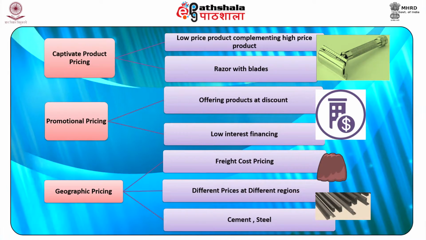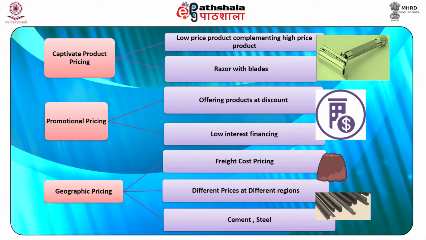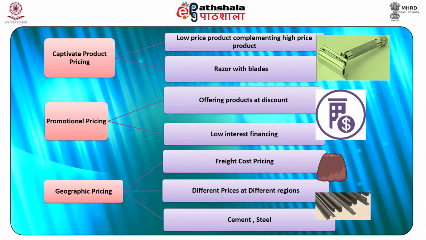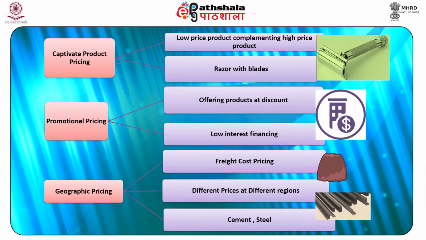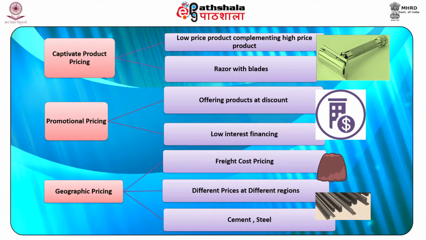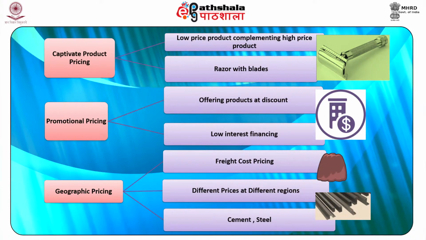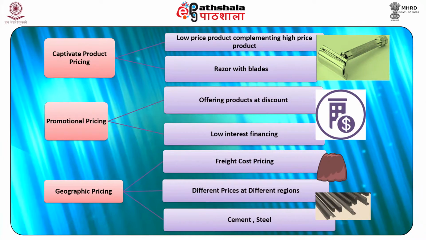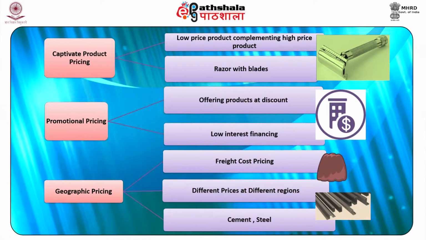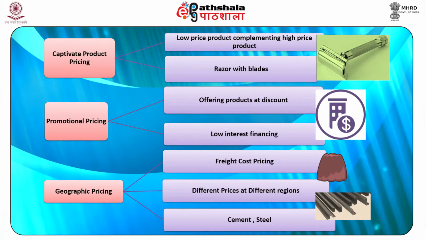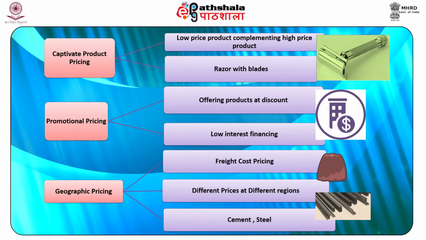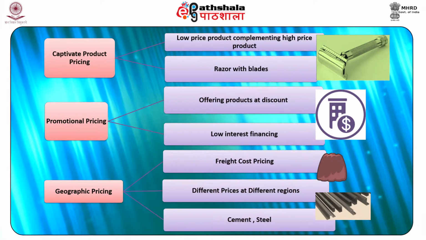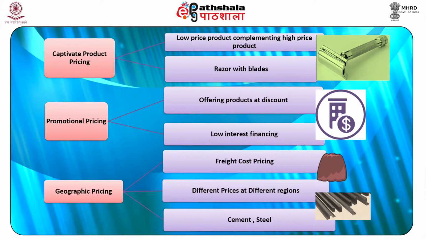A customer will prefer to buy from the closest seller or be ready to absorb the whole or a part of the freight cost himself. Freight cost strategies are important in case of bulky products like cement, steel, aluminium, etc. because it constitutes a major part of their total cost.